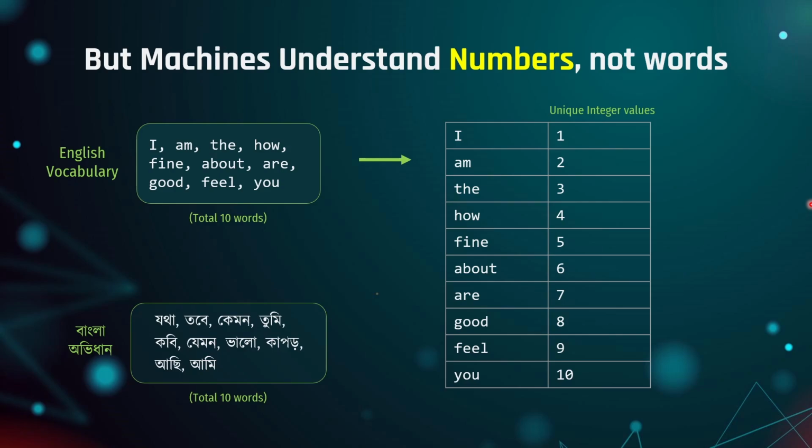But our models, our seq to seq models, don't have that idea, right? So we have to train the models on these vocabularies.